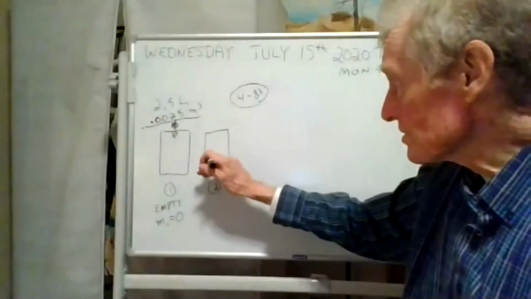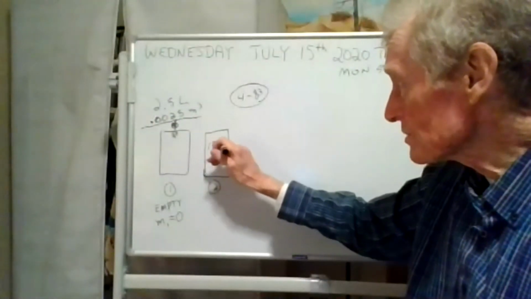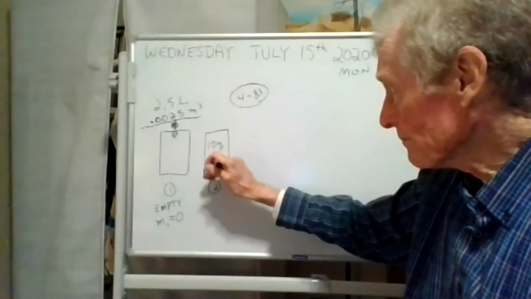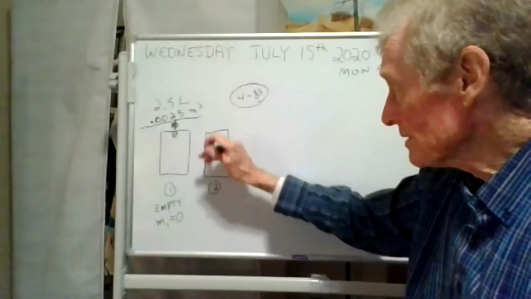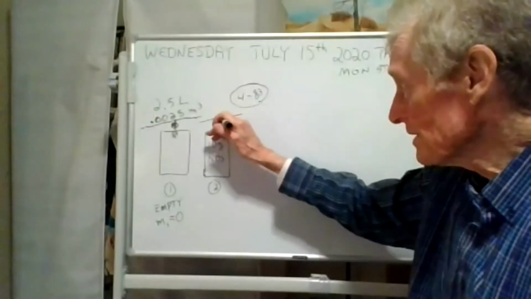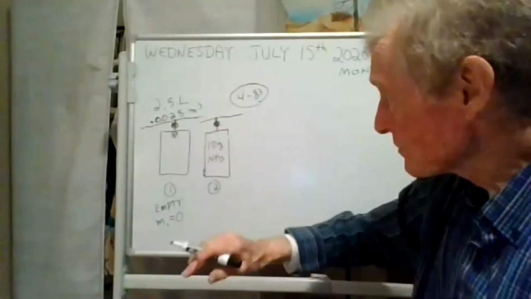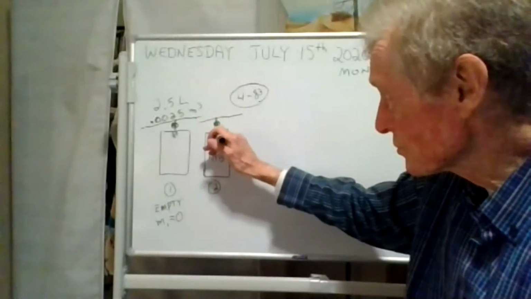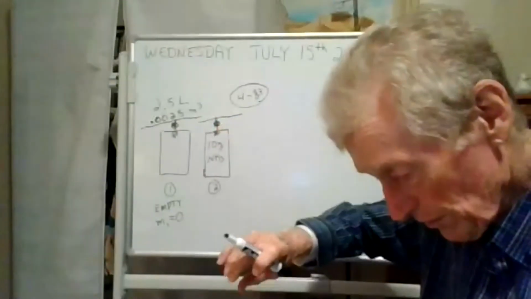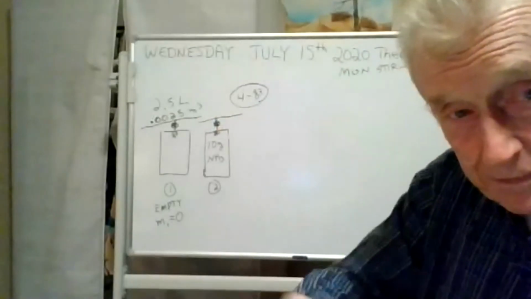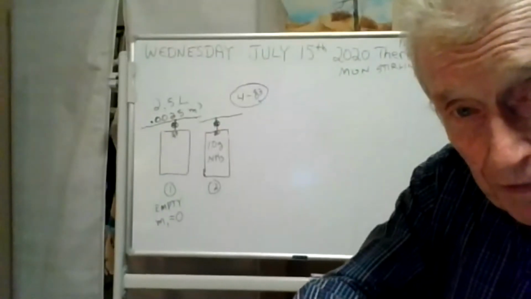And they told us that there's 10 grams of ammonia. We open the valve, 10 grams comes in, and then I think what happens is you shut the valve off.